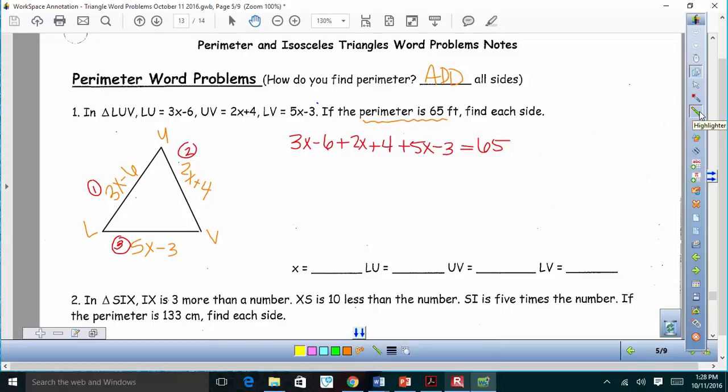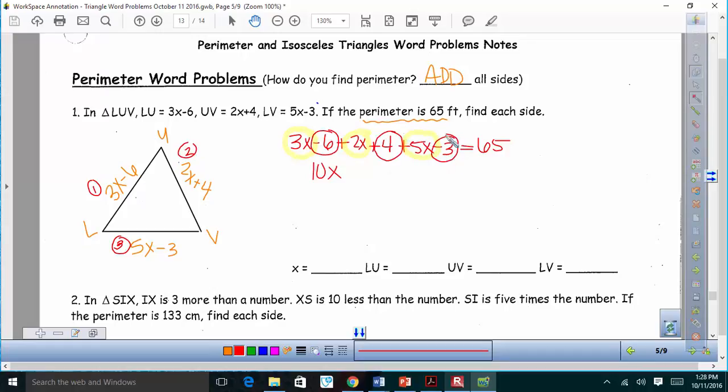So from here we're going to combine our like terms. So we have 3x, 2x, and 5x. What would that give us? 10x. Then we have a negative 6, a positive 4, and a negative 3. So negative 6, negative 3 is a negative 9, and then a positive 4 would give me a negative 5.